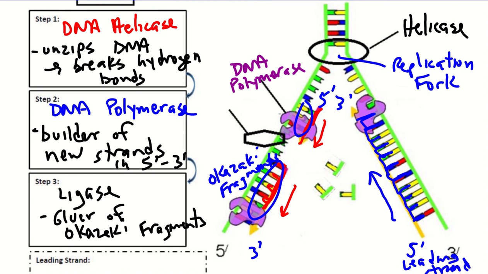So ligase will come in and take some of these free nucleotides that are floating around that we see right here, and it will add them to the appropriate spot and fill in the gaps. It is the gluer to make this a whole strand.